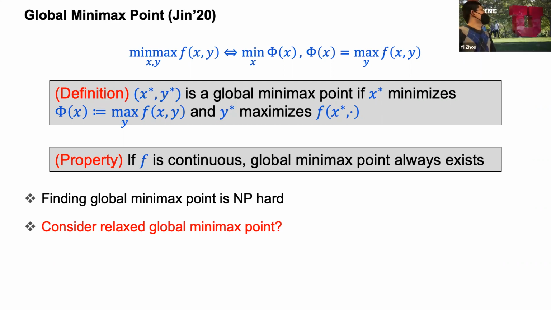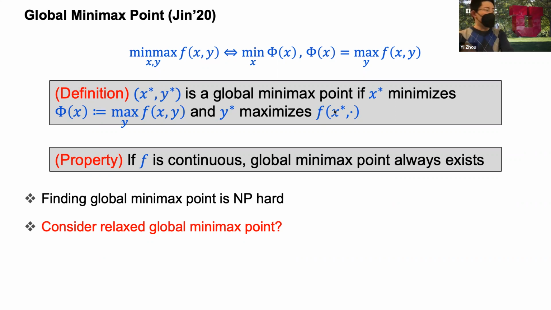No. If you look here, the global minimax point means that x is a minimum for this phi function, and y is a maximum for the f function. But the stationary condition is defined as the gradient of f being 0 at this x star and y star point.